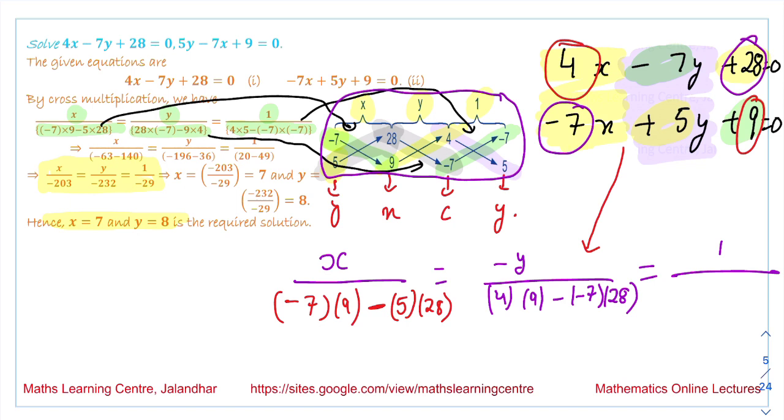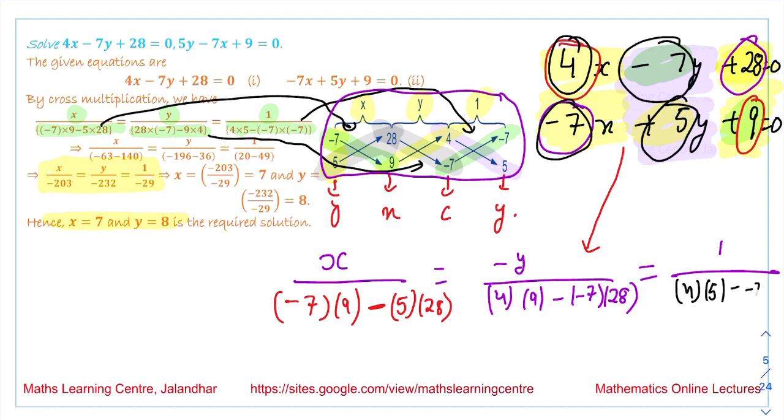And the last term, when we are talking about the constant term, we are leaving this term over here. We are leaving this term. And the coefficients we are talking about are 4 into 5 minus minus 7 into minus 7.